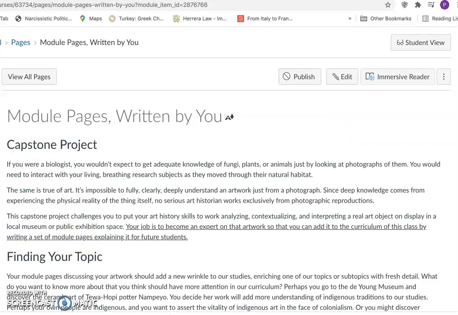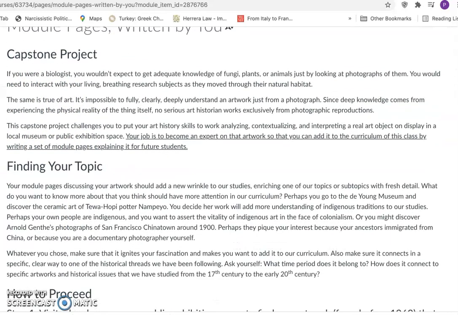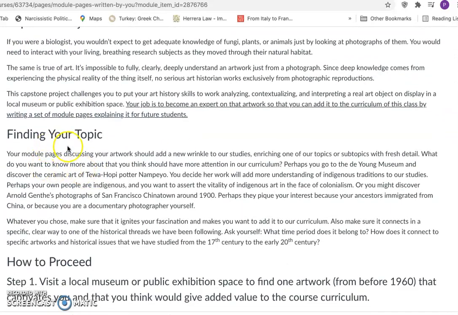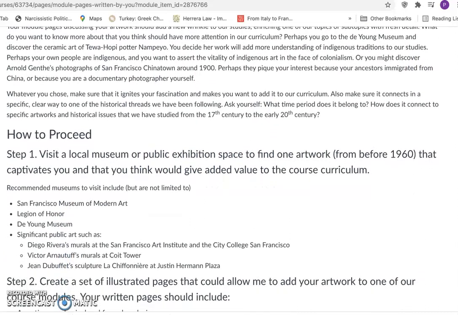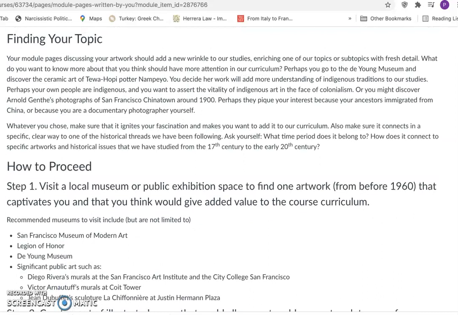So you'll see that I've explained that finding your topic starts step 1 with a visit to a local museum or public exhibition space. This Capstone Project is a celebration of the fact that that COVID-19 virus, we can identify because of Louis Pasteur.